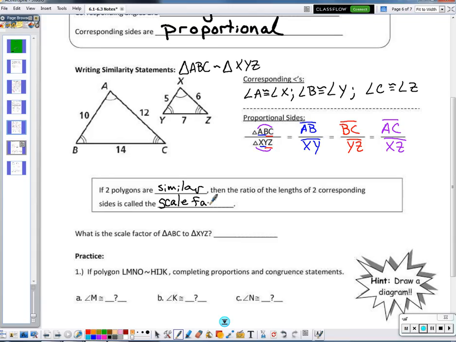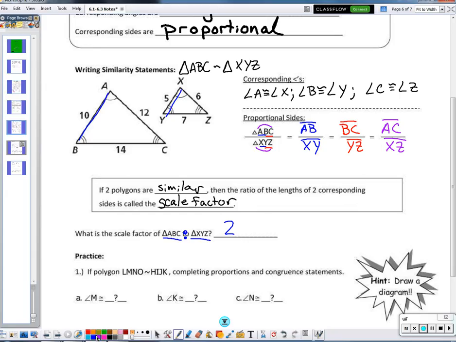It's called a scale factor. So when I look at the pairings of my sides, if I look at AB over XY, what's 10 over 5 equal to? 2. So wouldn't that be true for all of my matching sides?